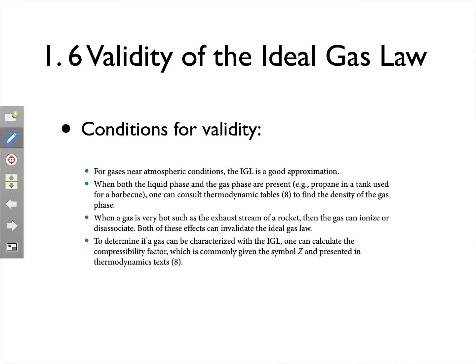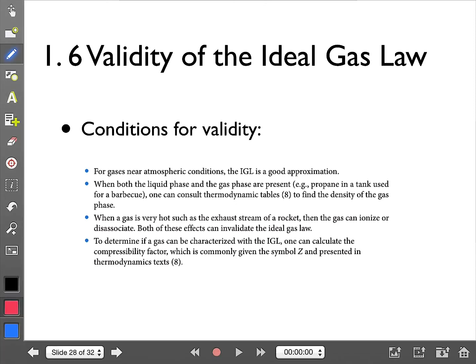And when both the liquid phase and the gas phase are present, we can consult a thermodynamic table to find the density of the gas in the gas phase. But when we have a situation where we have very hot gases, say the exhaust of a rocket, gases can ionize and dissociate, and at that point we're going to have an invalid ideal gas law.